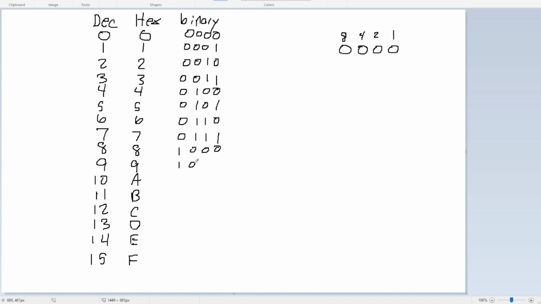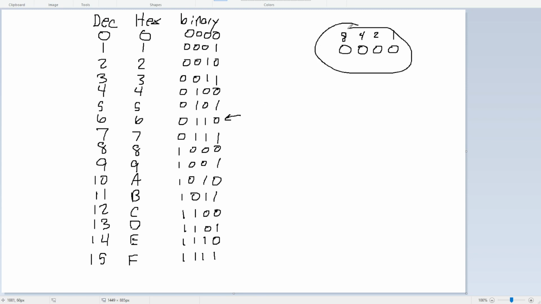The 9, I need the 8 and the 1. 10, need those. 11, 12, I need the 8 and the 4 turned on. 13, 14, and then finally 15. And there's your chart. So if you're not quite sure what each of these is, I'm using this chart right here to convert the decimal number over to the matching binary number.